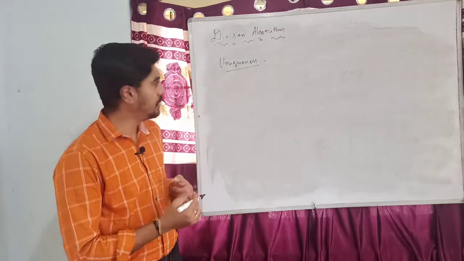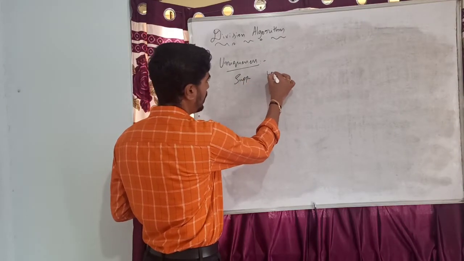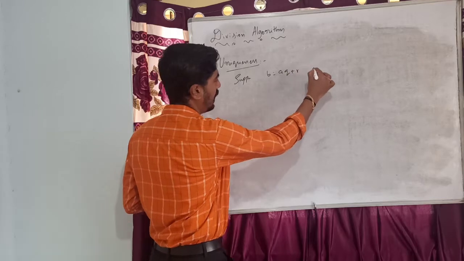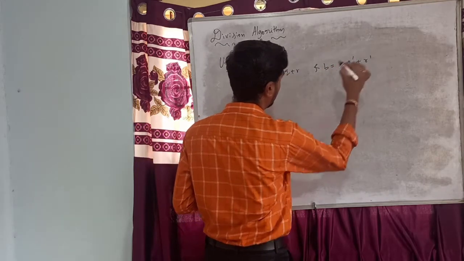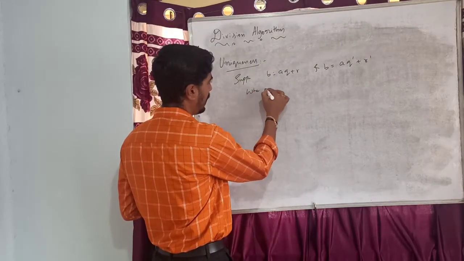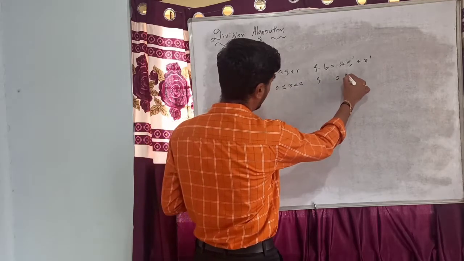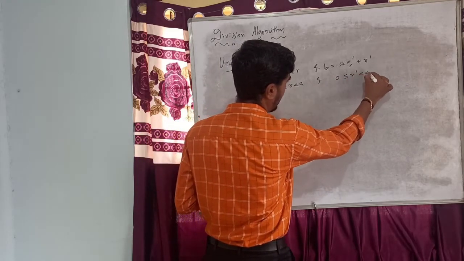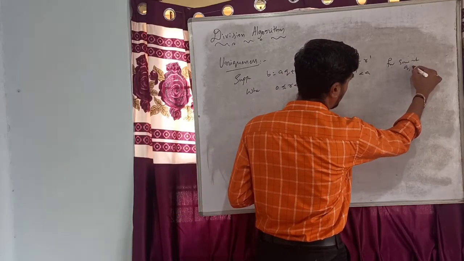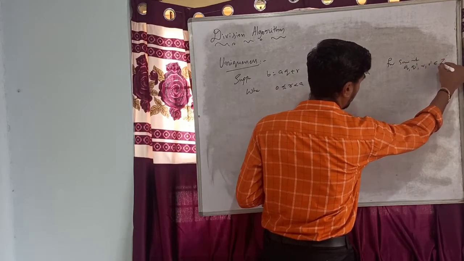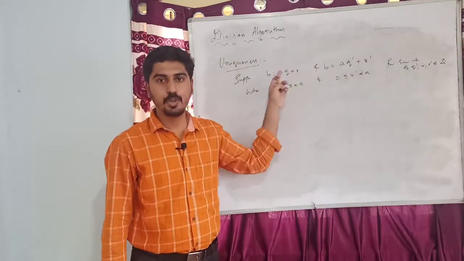To prove the uniqueness, suppose I have b equal to aq plus R and b equal to aq dash plus R dash, where 0 is less than or equal to R less than a and 0 is less than or equal to R dash less than a, for some integers q dash, R dash belonging to Z. Then I can equate these two terms.